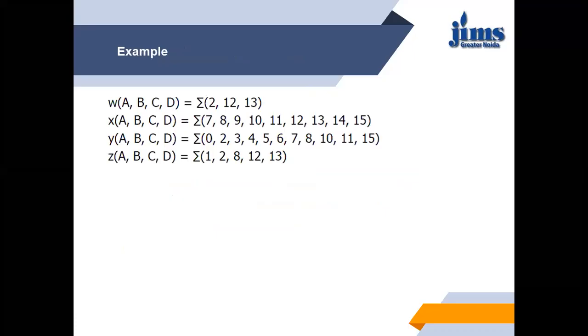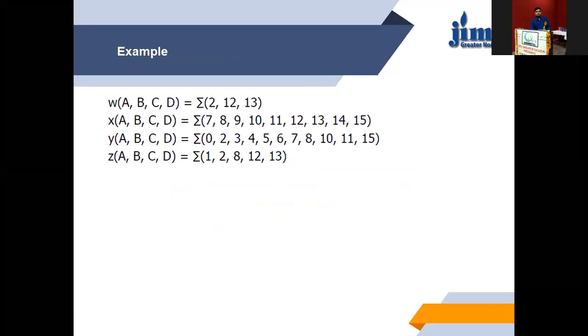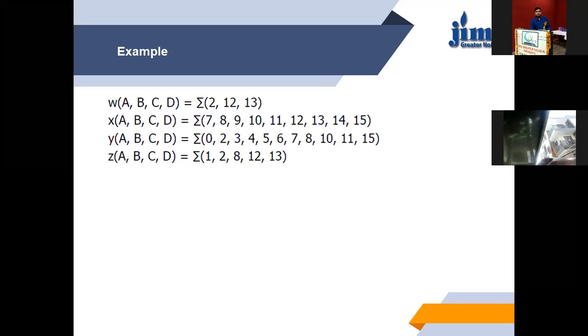Suppose we take an example. We have 4 inputs, A, B, C and D, and 4 functions, W, X, Y, Z. W is summation 2, 12, 13. These are the minterms. X has 7, 8, 9, 10, 11, 12, 13, 14, 15.